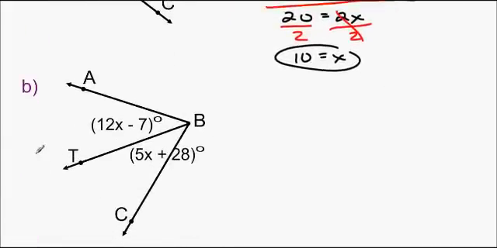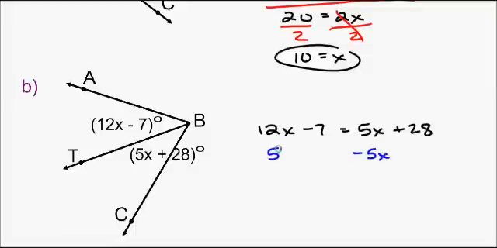Part B, again, ray BT is the angle bisector, so we are going to set these parts equal to each other. So subtract 5x from both sides. Cancels.